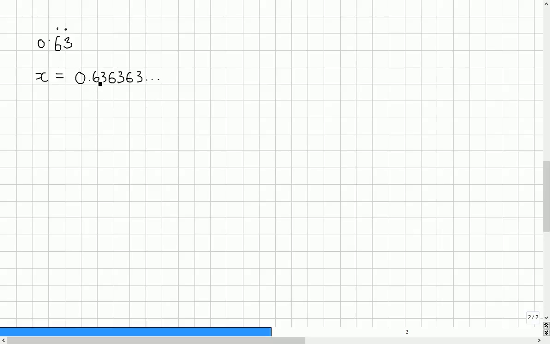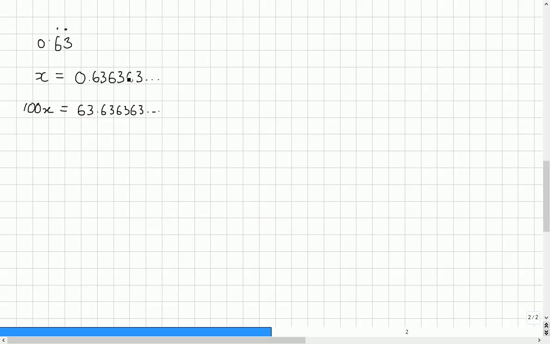Well, ideally what we want to do is to move this decimal point down, so that we've got after the decimal point 6363 happening again. So to do that we're going to need to find out 100x, find the value of 100x. So that would be 63.636363 and so on.